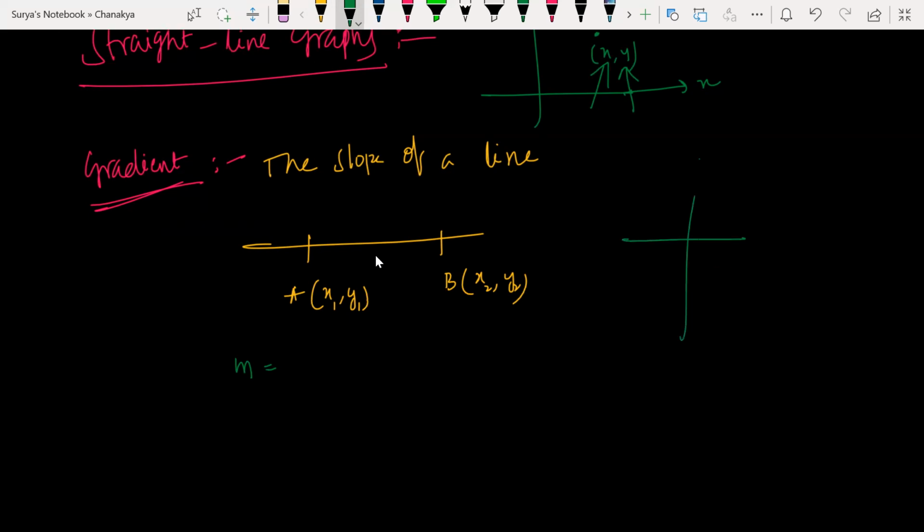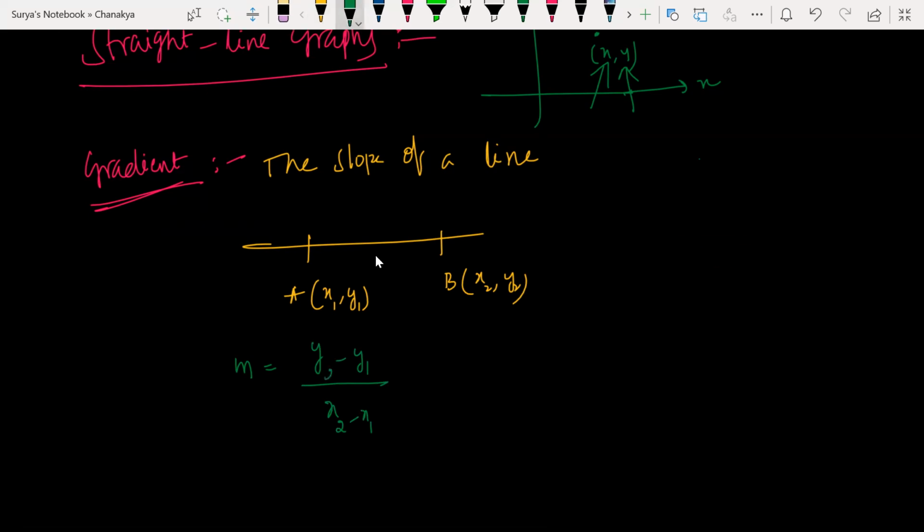Vertical distance is nothing but the y-axis. So m is equal to y2 minus y1 divided by x2 minus x1. This is the gradient, I mean the slope of the line.